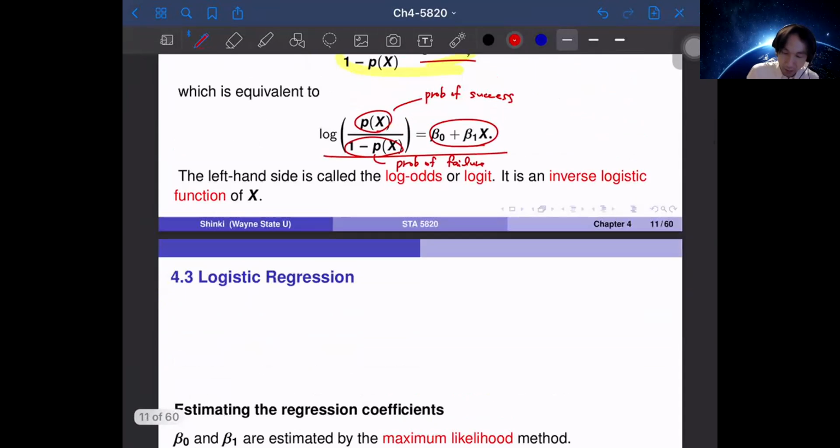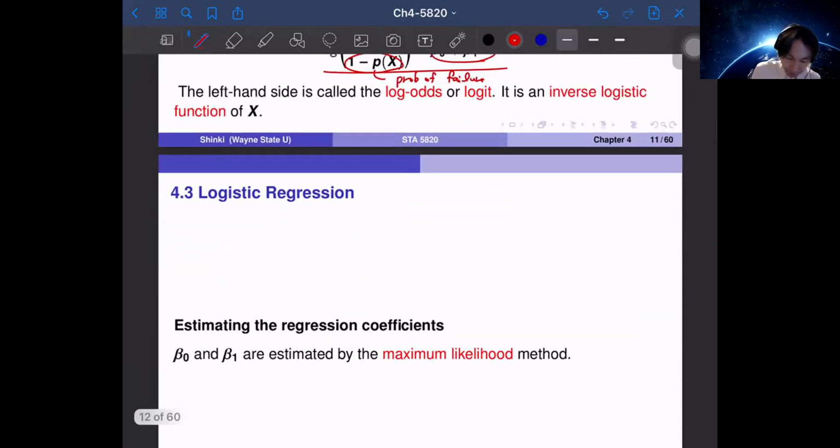Now we want to discuss how to estimate beta naught and beta 1. Remember that in linear regression, the estimation is really good, based on more beautiful theory. To estimate beta naught and beta 1 in linear regression, we just minimize the sum of squared errors.